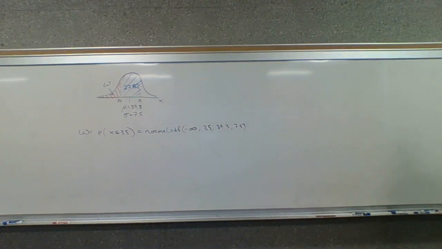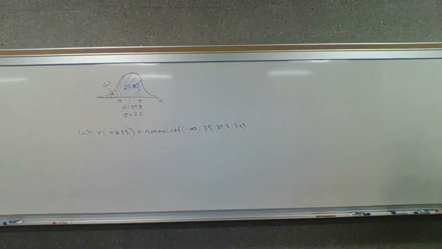Okay, so let's figure out what that is. Normal CDF. Remember, for negative infinity, we just put a bunch of 9s, comma 35, comma 39.3, comma 7.5, close parentheses.